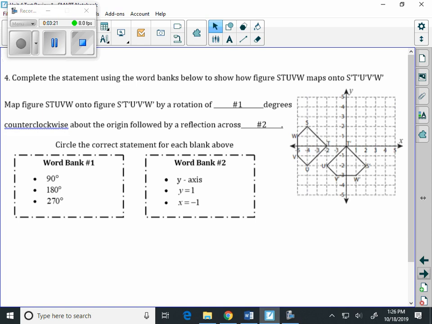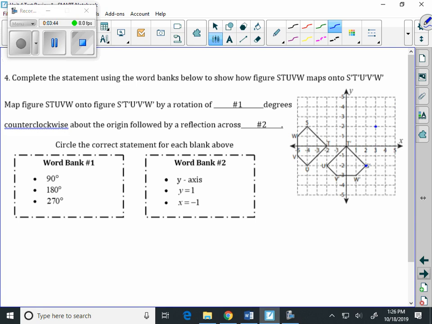As I take a look at it, I know that I've done it once before already, but what I'm noticing is that S, which is here, I was thinking 270 counterclockwise.